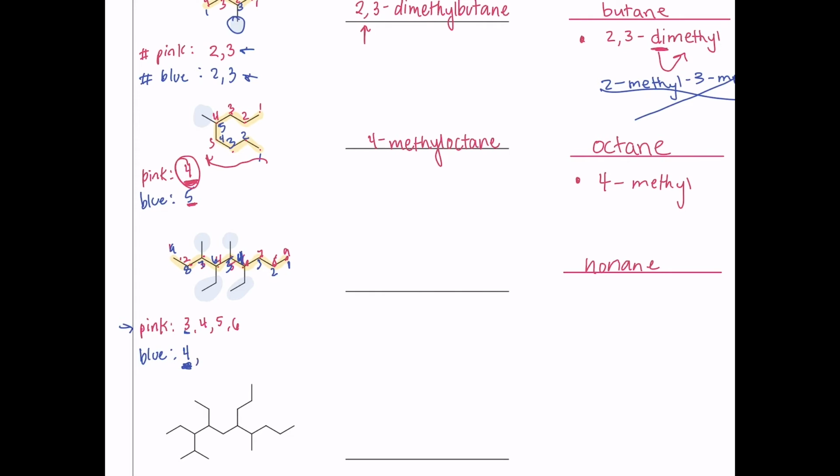So 4, 5, 6, and 7. Now when you're choosing a numbering system, you go by the first point of difference. So what that means is, notice here, are 3 and 4 the same number? No, 3 and 4 is not the same number. And so that's the first point of difference.